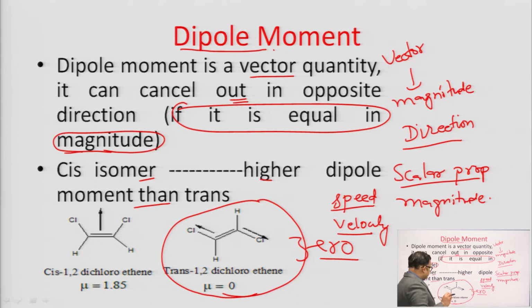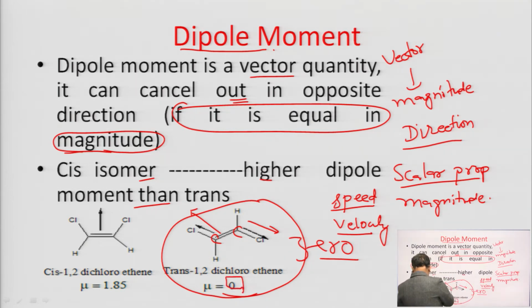Why? If we see, this bond has a direction, and this one also has a direction. Both directions are opposite, and since both bonds are C-Cl bonds, the magnitude is the same, but the directions are opposite. Therefore, it counts as 0.